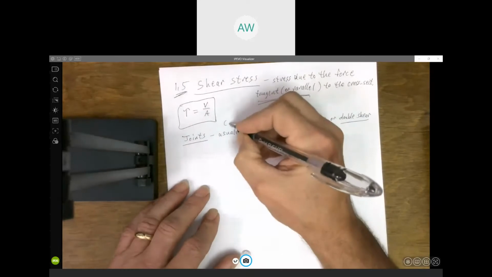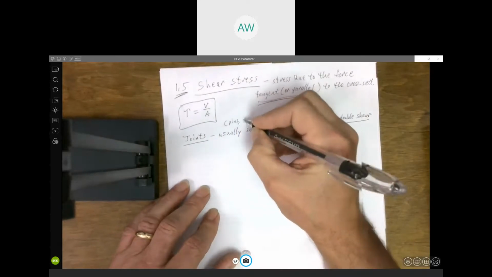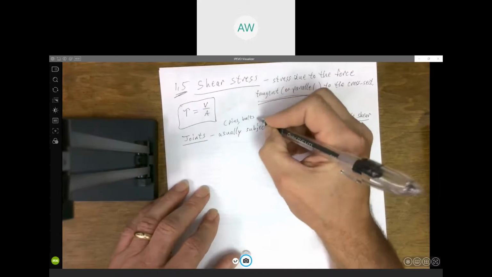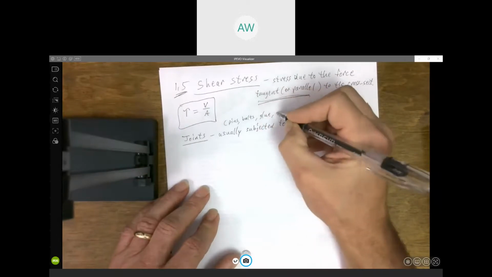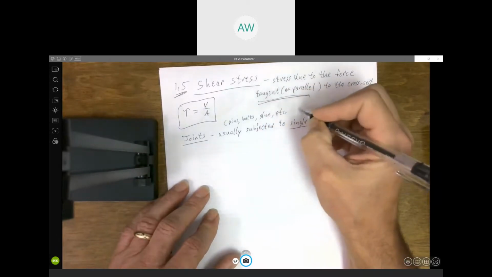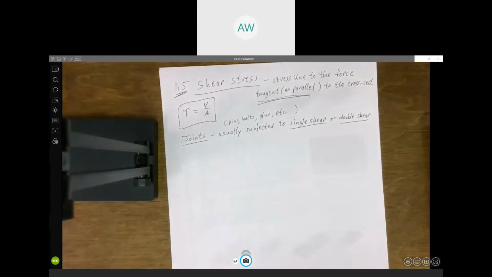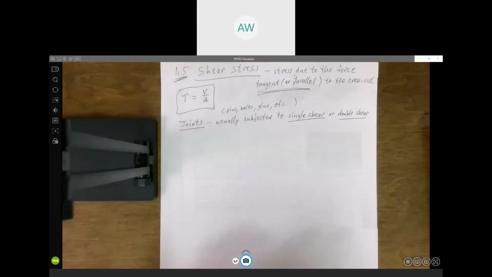And again, we're talking about pins, bolts, glue, etc. However this thing is being held together, it's going to be subjected to what we call single shear or double shear.